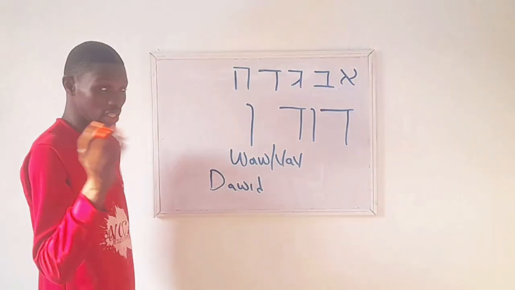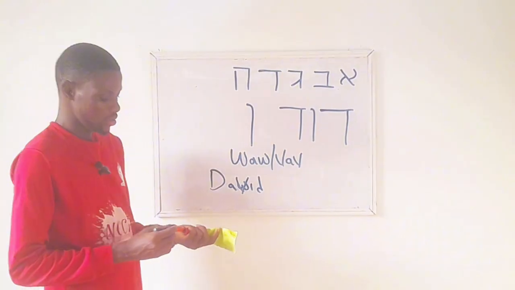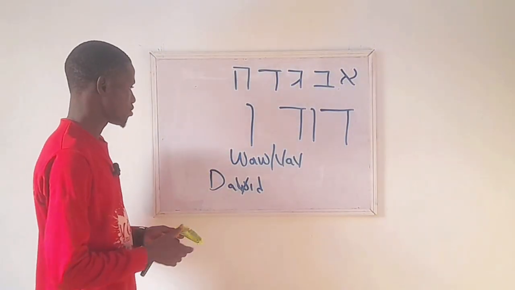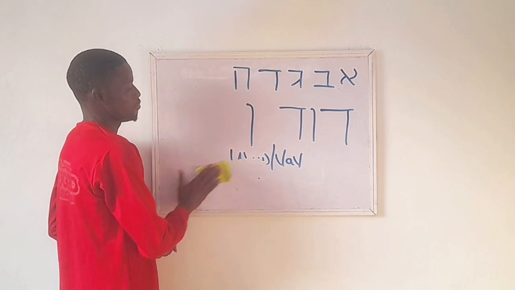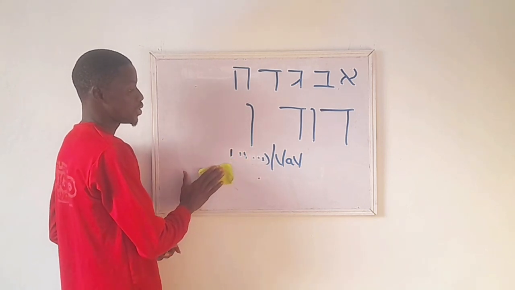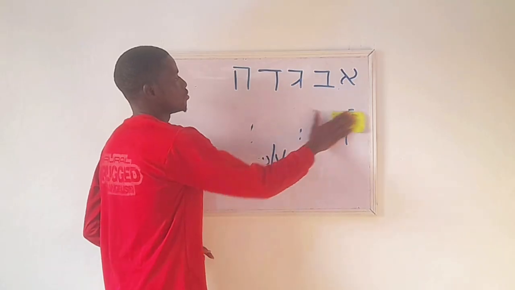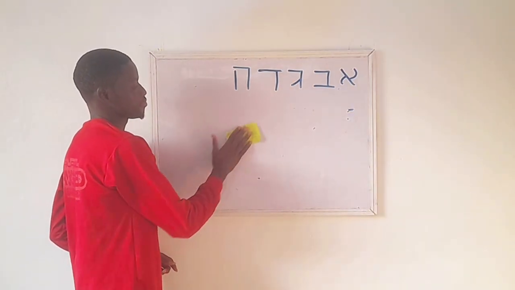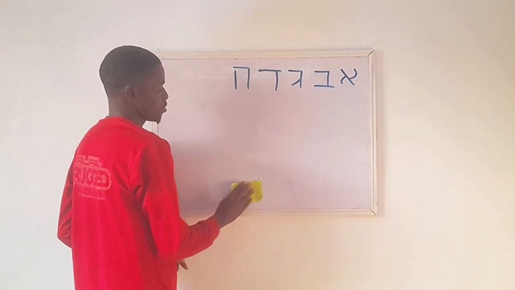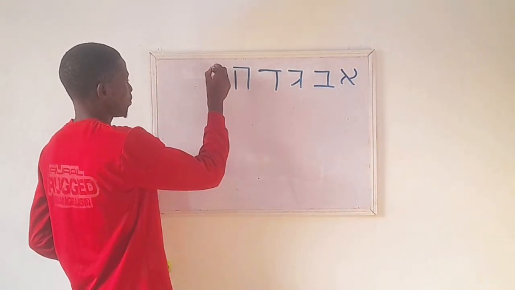Alright, we're going to listen to dialect. So here now you translate this as V, so it can be translated as W or as V. The numerical value is 6. Alright, we have Vav.